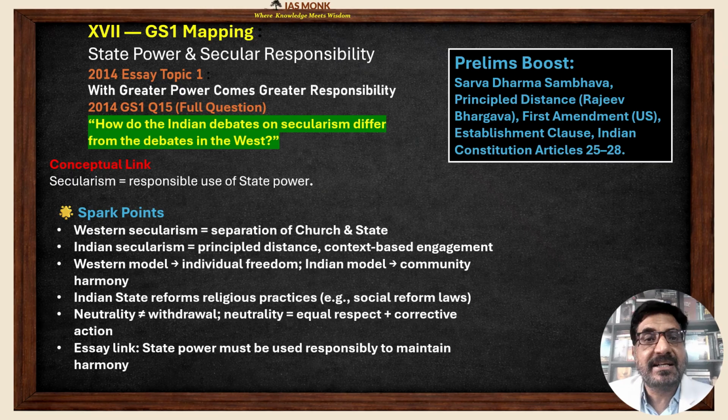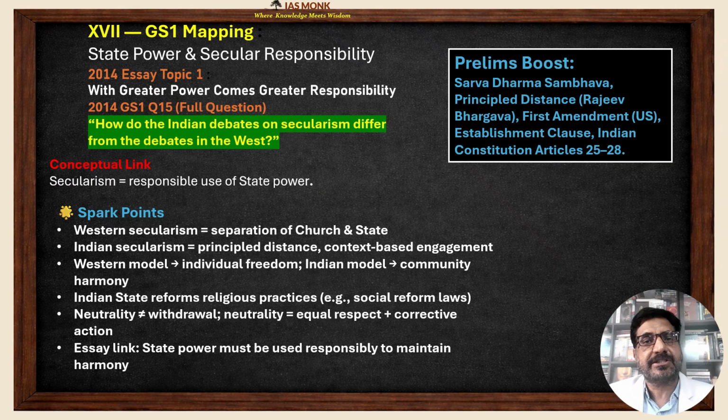The state may intervene to ensure equality, reform discriminatory practices, and maintain harmony. It is not separation but balanced engagement in the case of the Indian state.